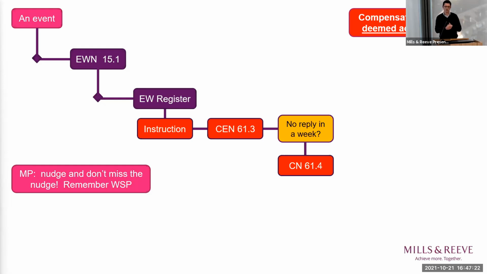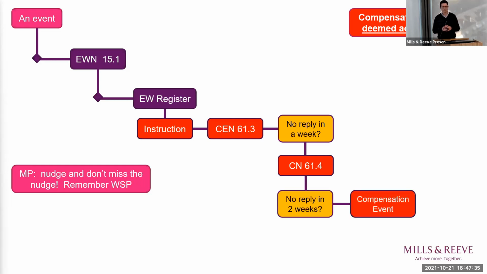And that nudge notice gives the project manager a further 2 weeks in which to reply. And if it doesn't reply, then similar to the accepted program discussion that Alex referred to earlier, it will automatically be deemed to be a compensation event. And that is why, for successful management of the compensation event regime, you must keep on top of the timelines and the records to ensure that you can meet the various timescales set out within the NEC contract.